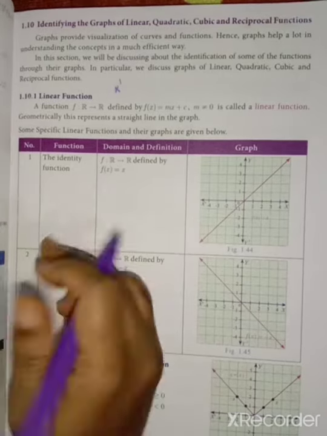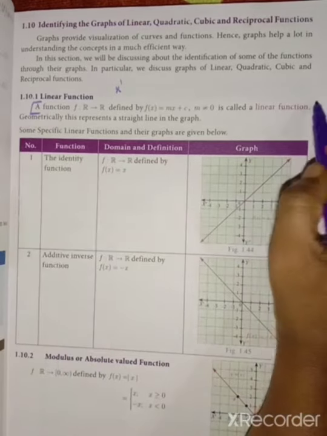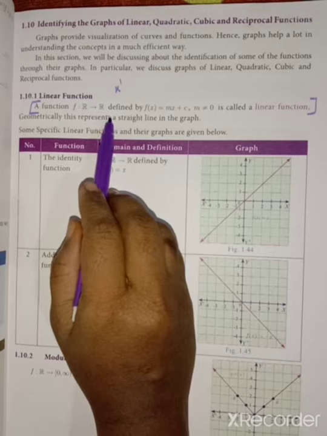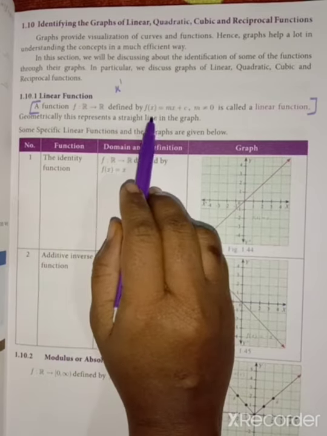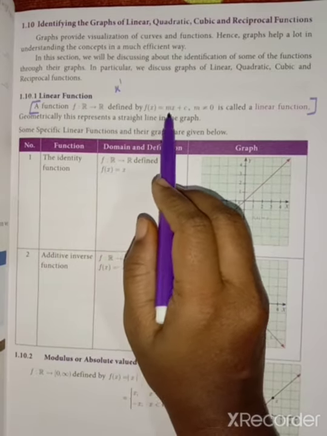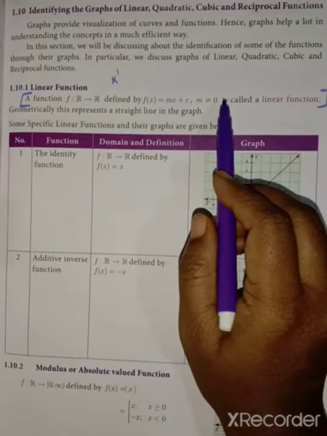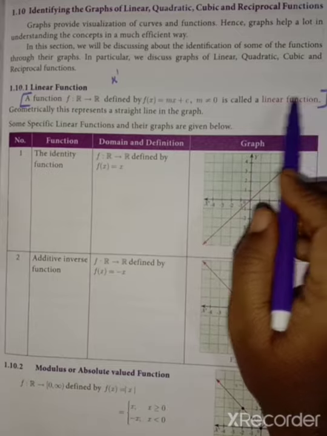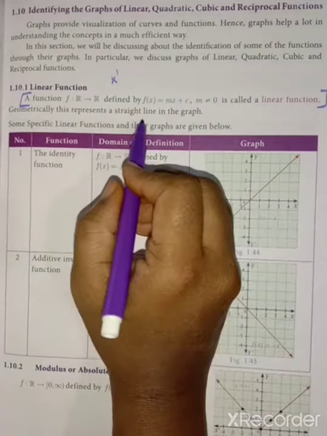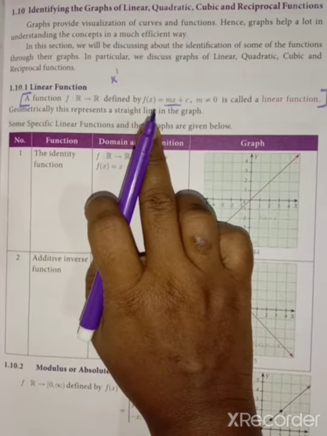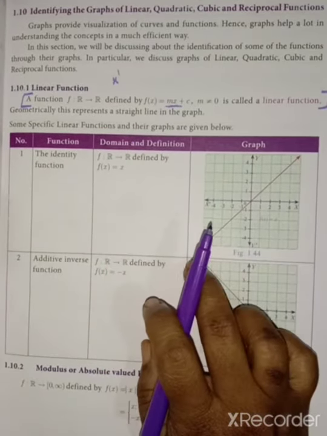So from this, here the one mark is there, that is a function f from R to R defined by f of x equal to mx plus c, m not equal to 0, is called a linear function. Already I have said this, the function mx plus c, already you have seen in the graph y equal to mx plus c.